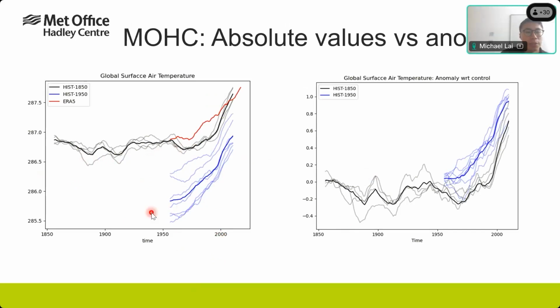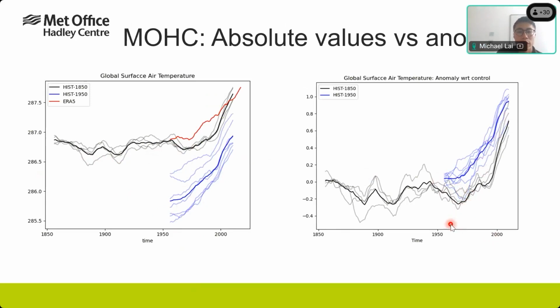So we can see that it's significantly cooler in the HighResMIP run of the HiGEM model. It's about 2 Kelvin cooler, which is quite a lot. However, when you calculate the anomalies with respect to the control, the two lines are much more comparable. The HighResMIP runs are only about 0.2 Kelvin warmer in terms of anomalies, and the rate of warming seems to match much better.